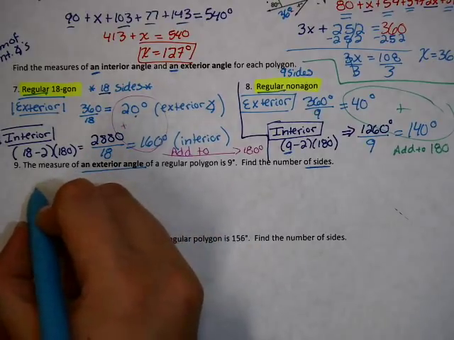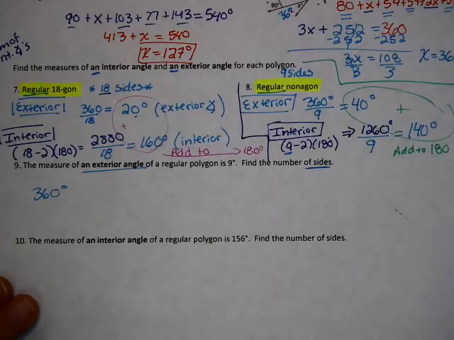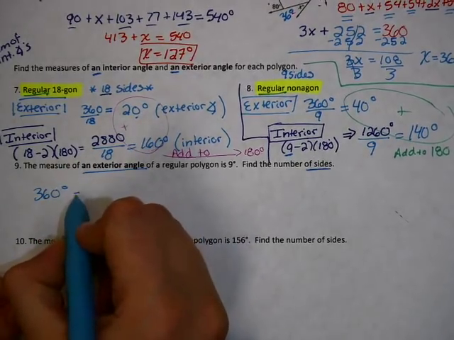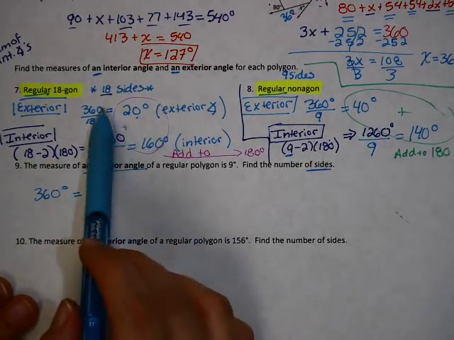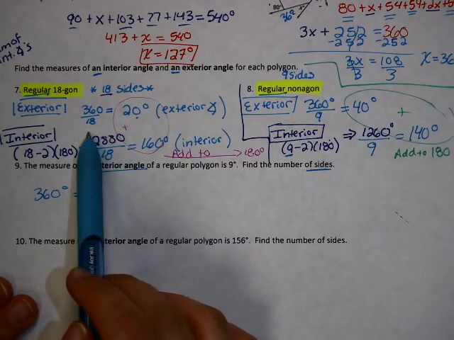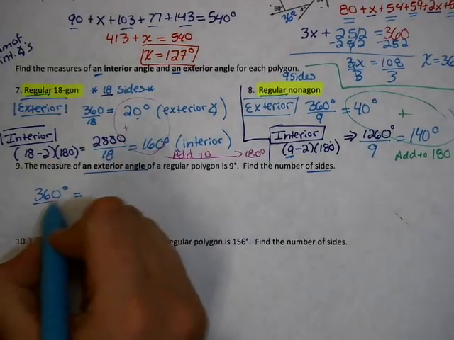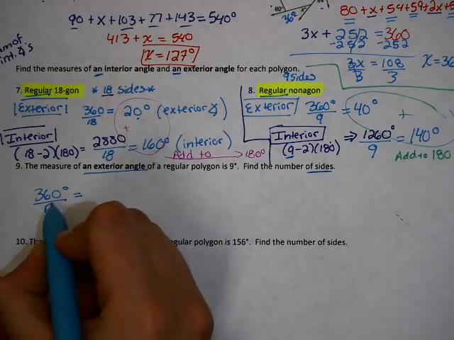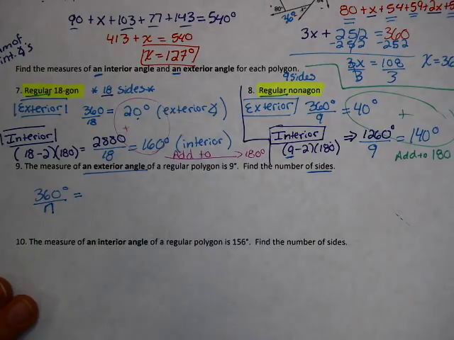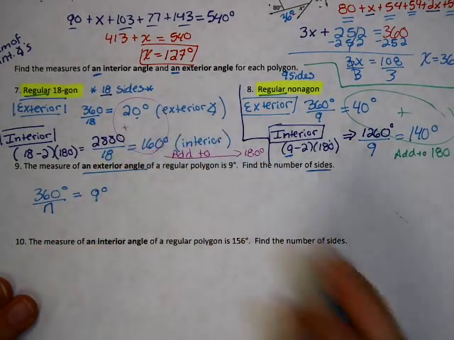Remember, we said it's 360. We don't know the number of sides, but I can use the same formula that I did up here. We took 360 divided by 18 to find our degrees. Let's use the same idea. I'm going to take 360 divided by n, the number of sides, what I don't know, and set that equal to 9 degrees.